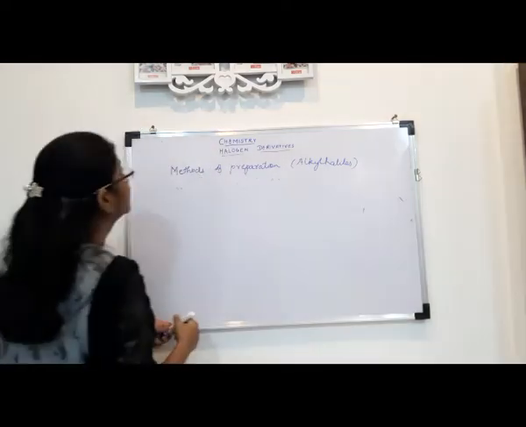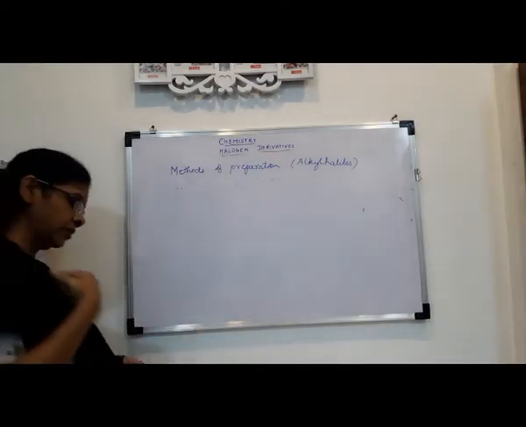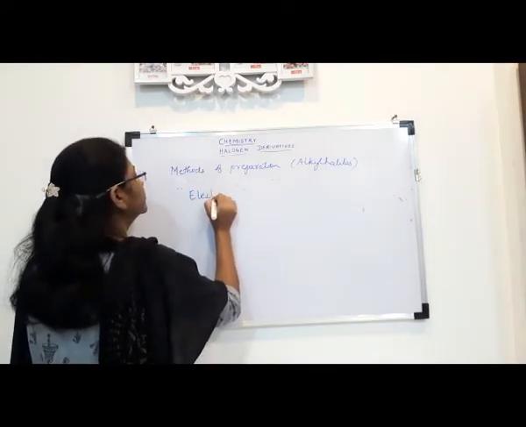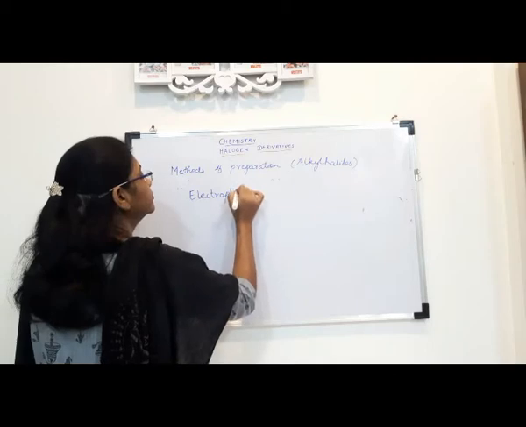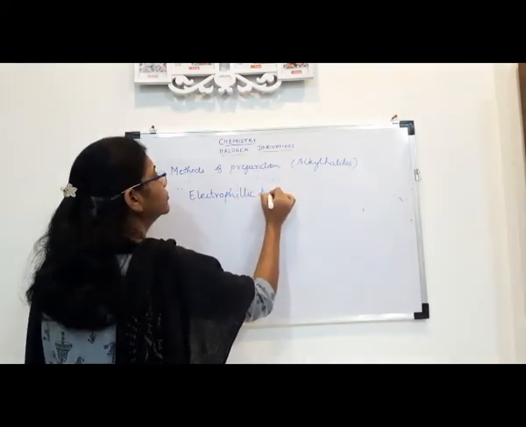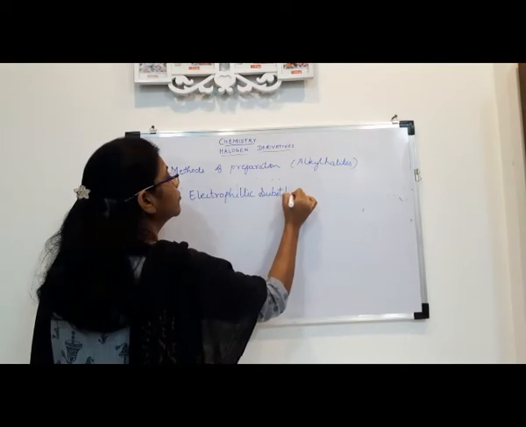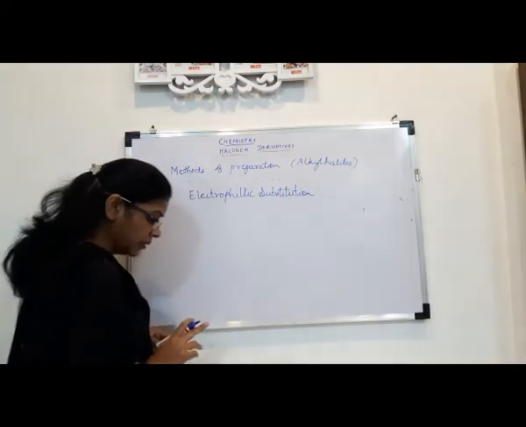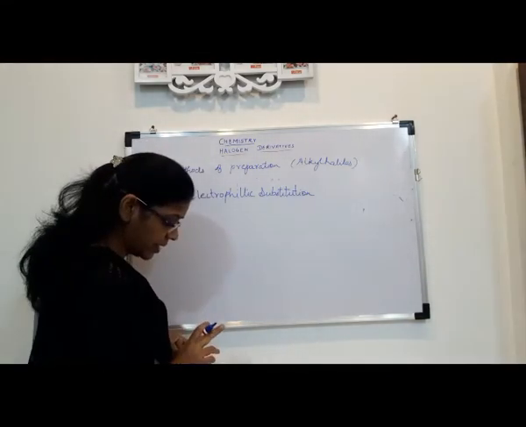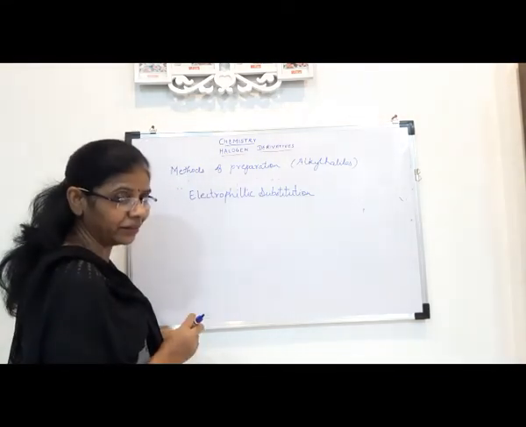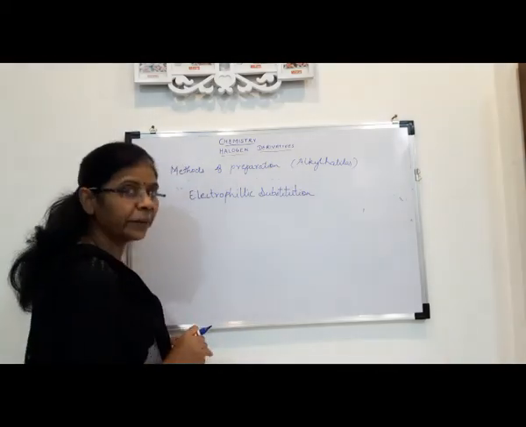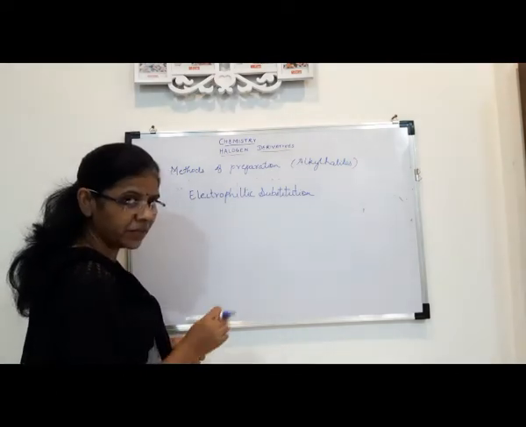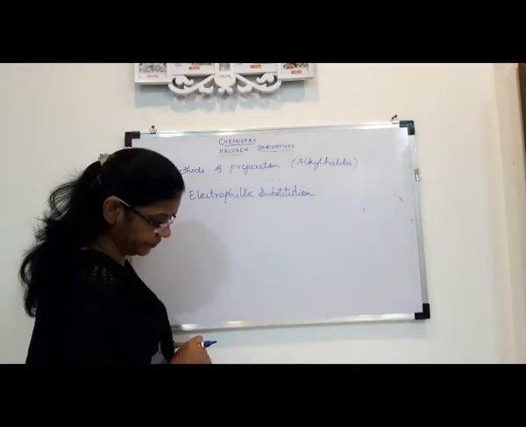The next method that I am going to deal with is the electrophilic substitution method. Aryl chlorides and bromides, aryl closed chain, can be prepared by direct halogenation of benzene and its derivatives through electrophilic substitution.